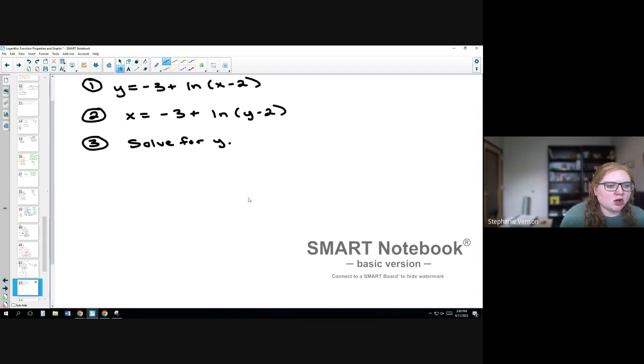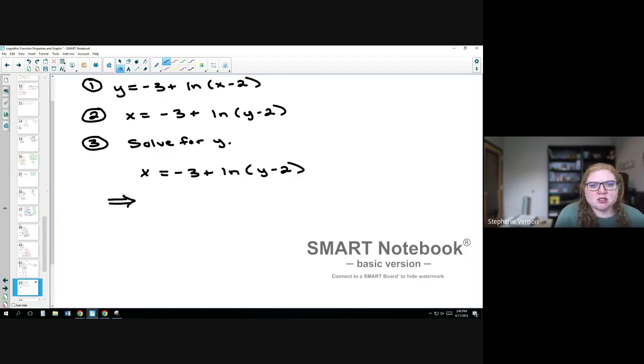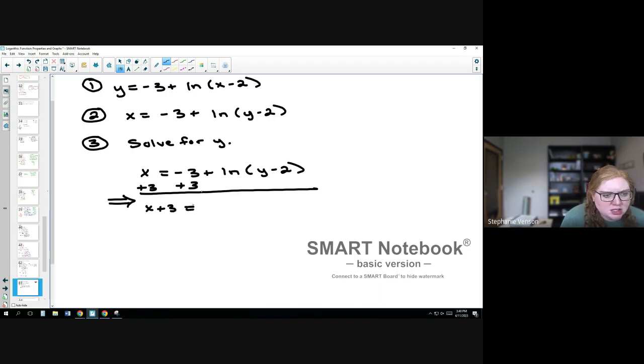So let's try to solve for y here. We have x equals -3 plus the natural log of y minus 2. So the first thing I realize is that I'm not going to be able to rewrite this logarithmic equation as an exponential equation until I add 3 to both sides. Okay, so this is now x plus 3 is equal to the natural log of y minus 2.